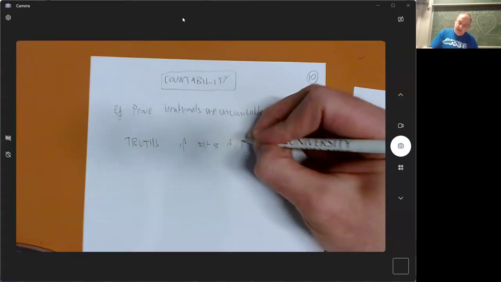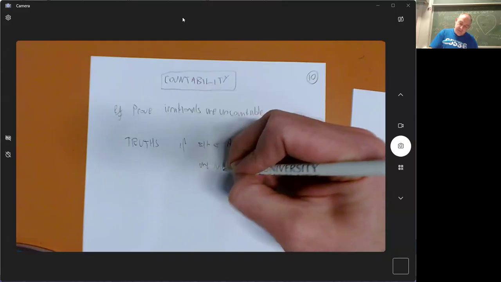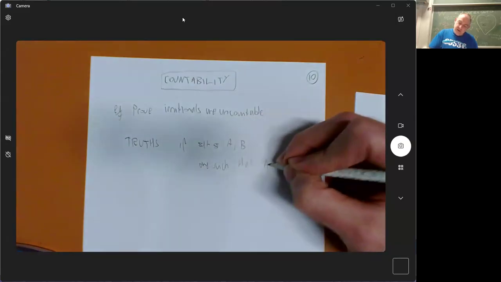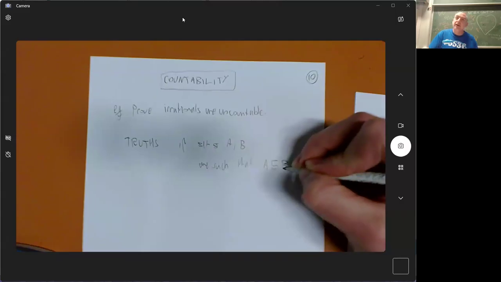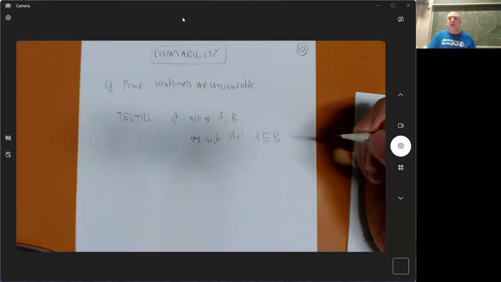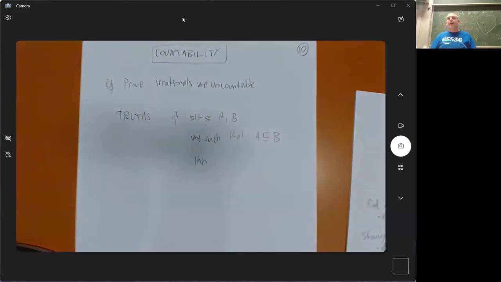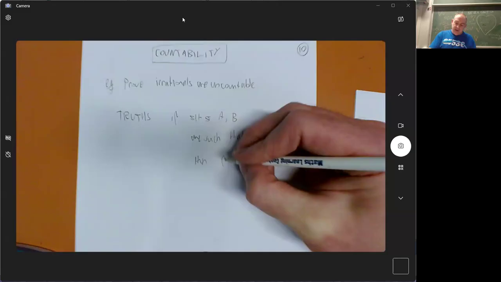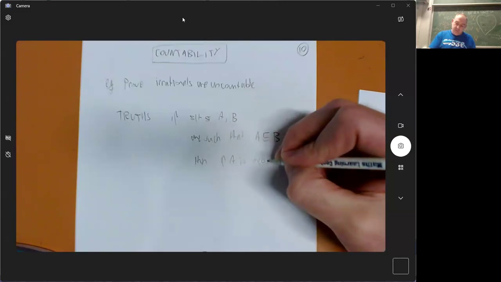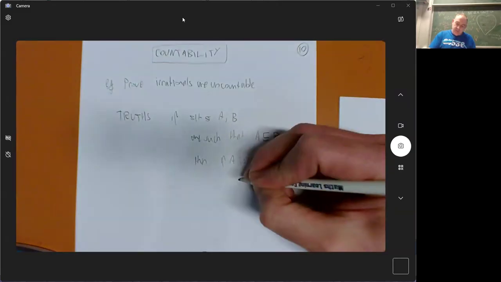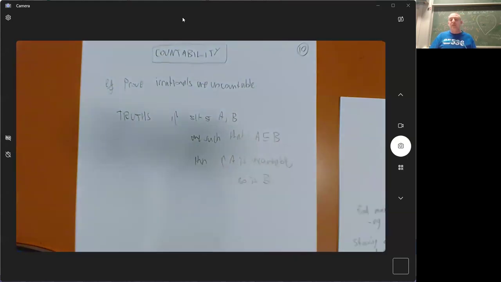If sets A and B are such that A is contained in or equal to B, then if A is uncountable, then so is B. More or less, the cardinality of A is less than or equal to the cardinality of B. But if A is uncountable, so is B. That is a thing that is true. I'm not sure that anyone has proved it in your course, but it is definitely the truth.